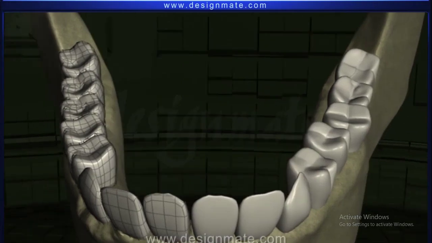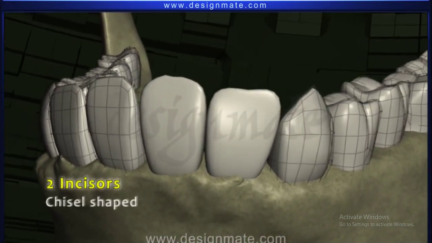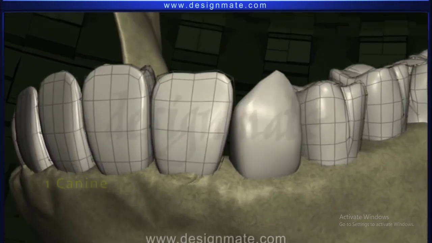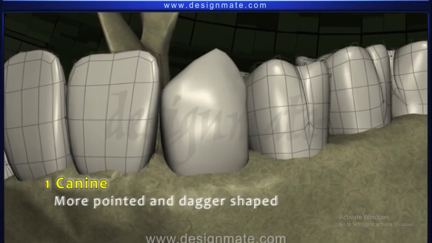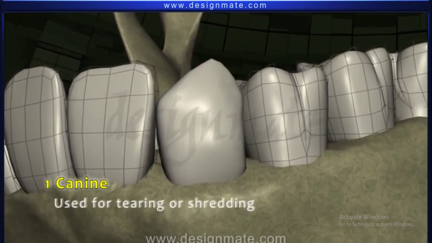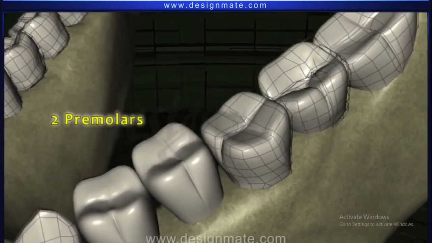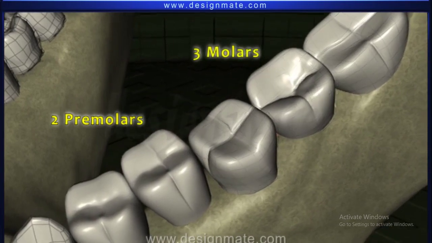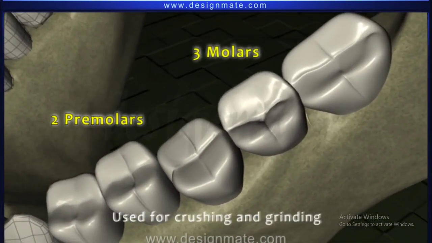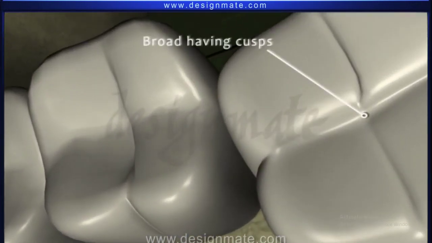Each half of the jaw holds 2 incisors, which are chisel-shaped and are used for cutting. One canine, which is more pointed and dagger-shaped, is used for tearing or shredding. 2 premolars and 3 molars are used for crushing and grinding, which are broad, having cusps.